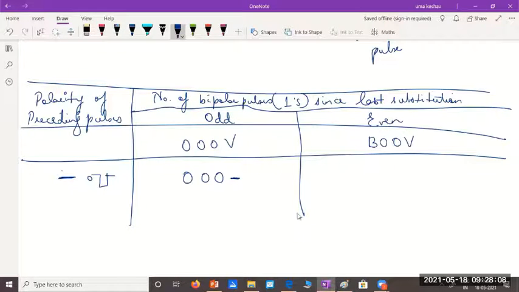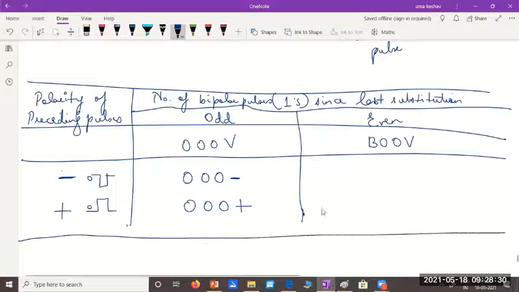Okay, as simple as that. So to help the receiver understand, and if the preceding pulse was positive, if the preceding pulse was above 0, then I will replace here with 0, 0, 0, 1, a positive value. Okay. So please remember, this is how we do the replacement.